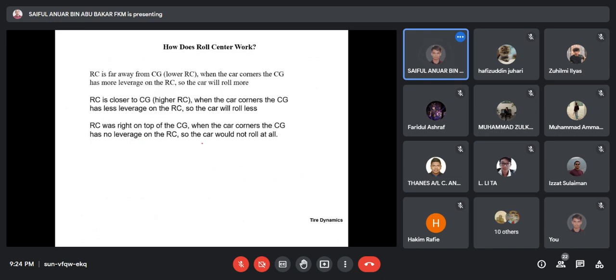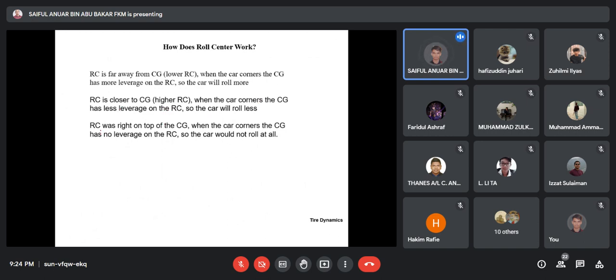Okay. So how does the roll center work? If the roll center is far away from the CG, where we have a lower roll center, when the car corners, the CG has more leverage, so the car will roll more. If the RC is closer to the CG, a higher roll center, when the car corners the CG has less leverage on the roll center, so the car will roll less.